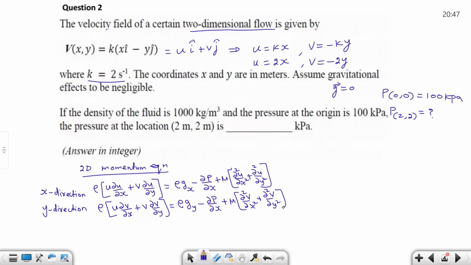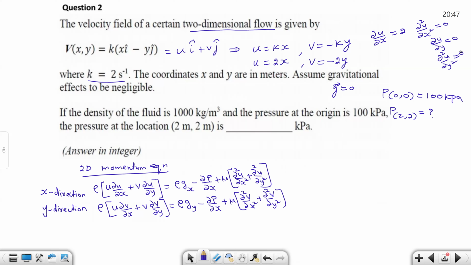Okay, so now let us calculate these things. From the given u, you can get dou u by dou x, dou squared u by dou x squared equal to 0. Dou u by dou y equal to 0. Dou squared u by dou y squared equal to 0.